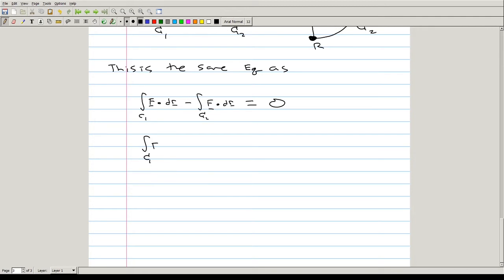This is the same thing as the line integral over C1 of f plus the line integral over C2, traversed in the opposite direction, of f, which is the same thing as the closed curve line integral over the union of these two paths, so the union of C1 and C2 traversed in the opposite direction.